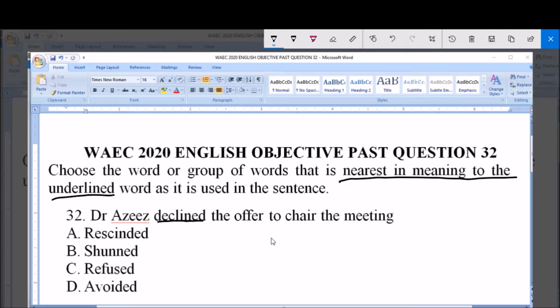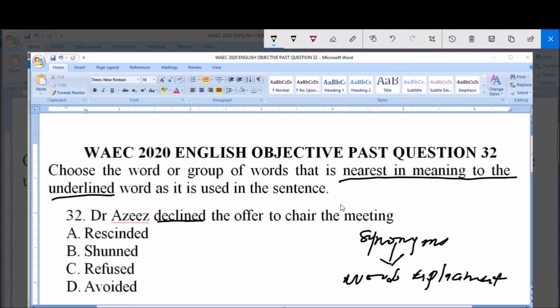So now, when we talk of nearest in meaning, we simply mean synonyms, that which simply means word replacement, which means which other word can we use to replace this particular underlined word among this list of options provided that can fit in to replace this.